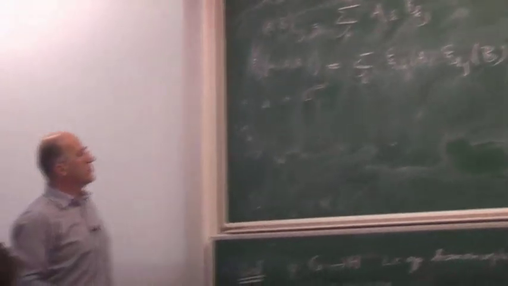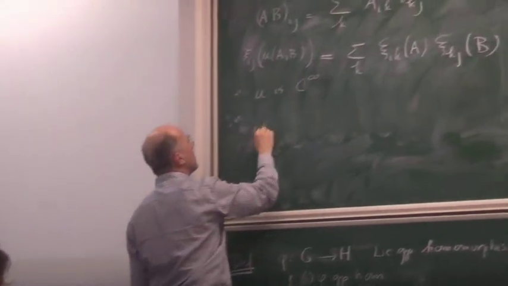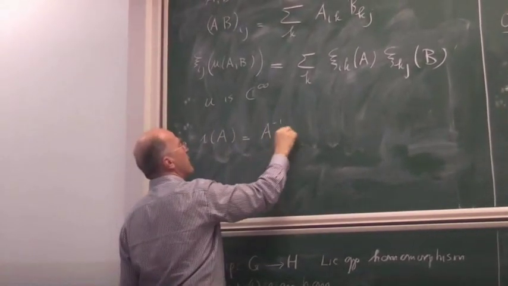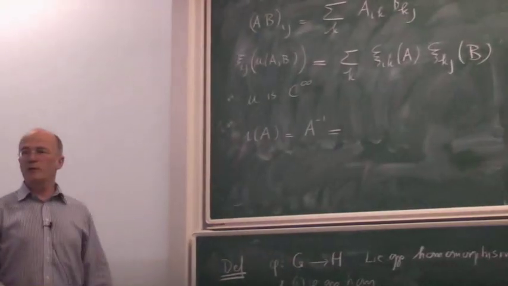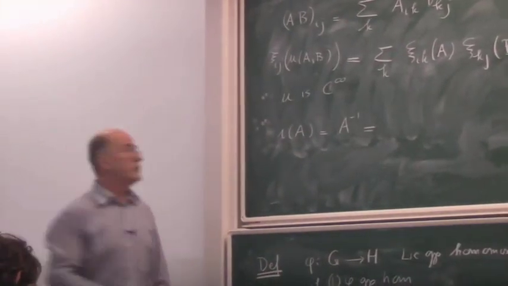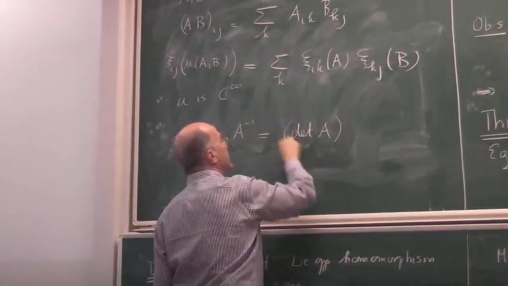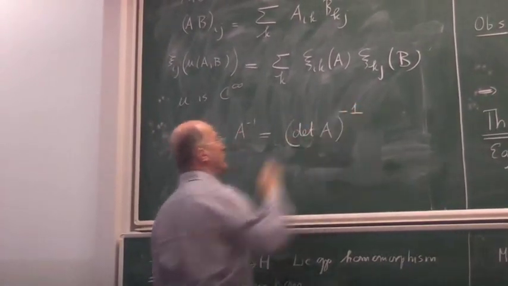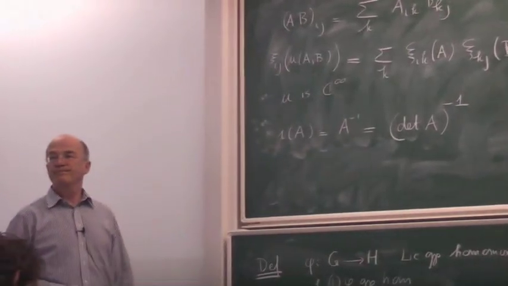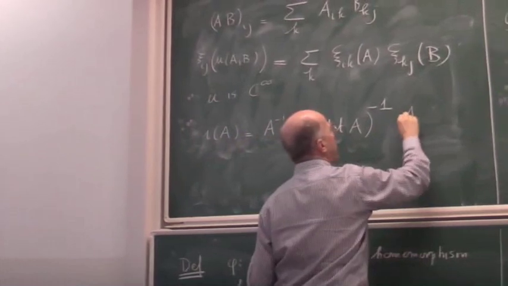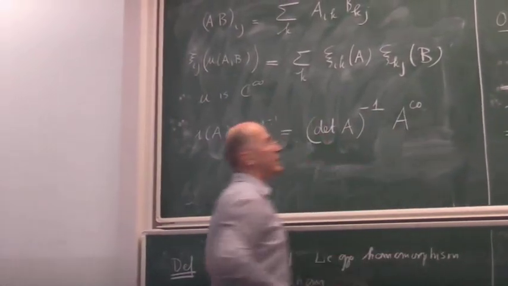Now what about the inversion? For the inversion of a matrix, which is really the inverse of the matrix, we have a formula which is known as Cramer's rule, which says that you can take the inverse by inverting the determinant of A, and then by multiplying with the co-matrix.